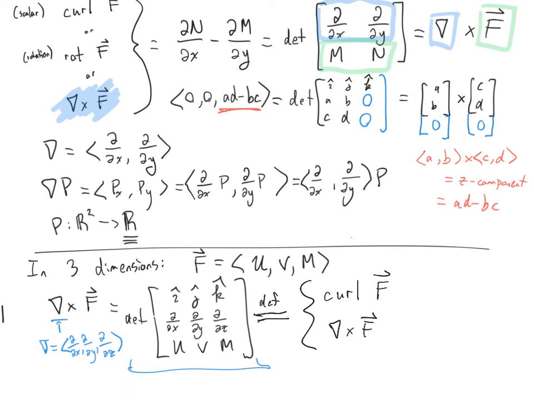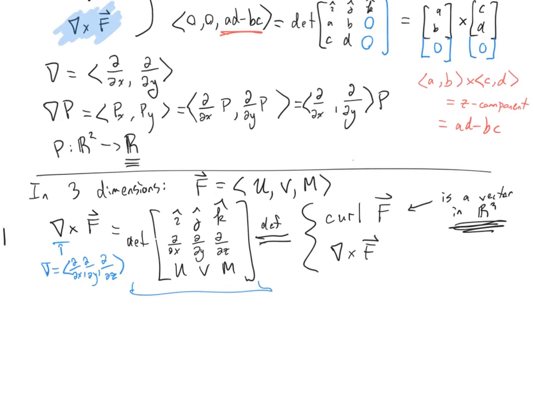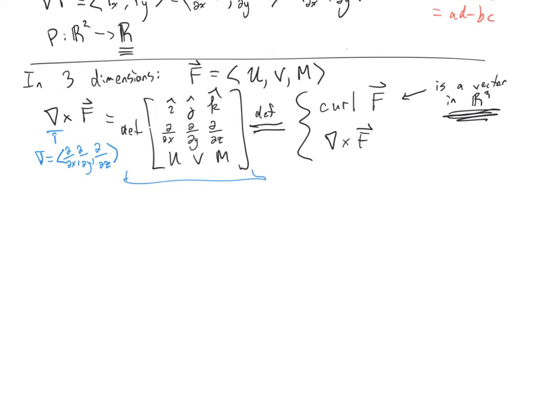But I'm going to point out that because we still have those i, j, and k's, the curl here is a vector in R3. And so in 2 dimensions, we have a scalar curl, and in 3 dimensions, we have a vector curl. And let's just make that really clear.